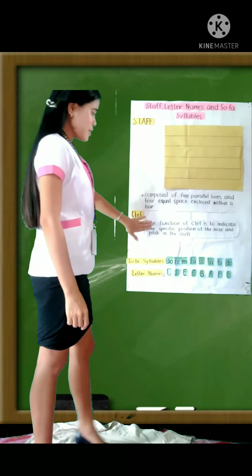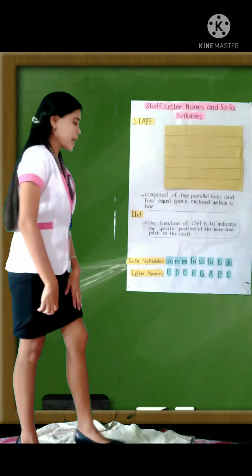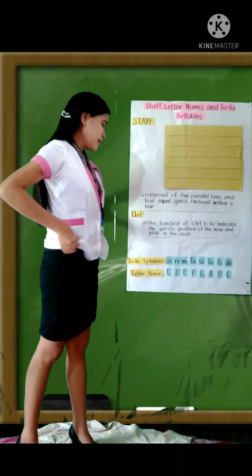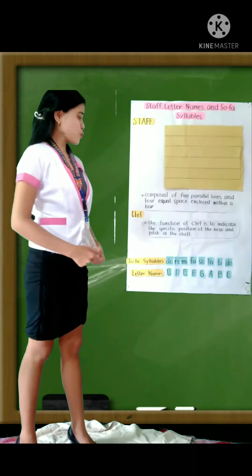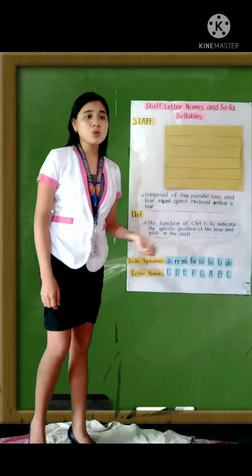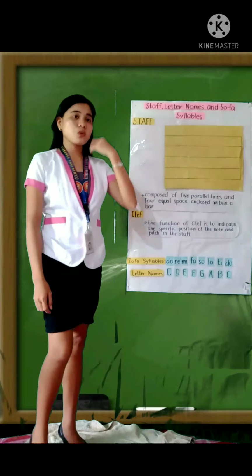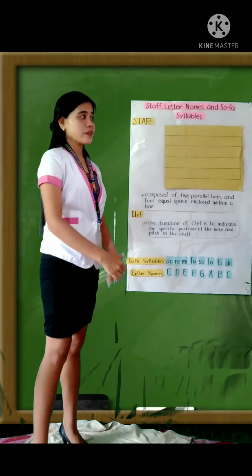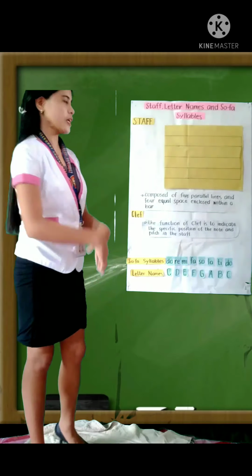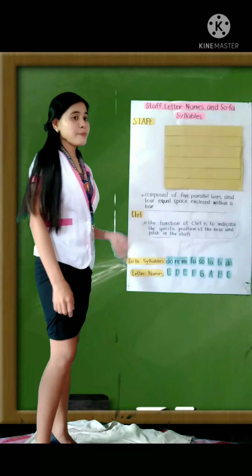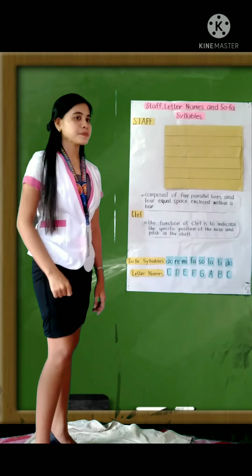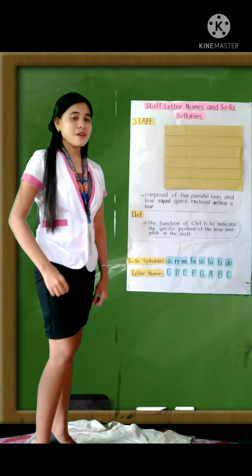So the function of clef is to indicate the specific position of the note and pitch in the staff. It is where we know the pitch that we are playing. So give me an example of a clef. Treble clef. Very good.